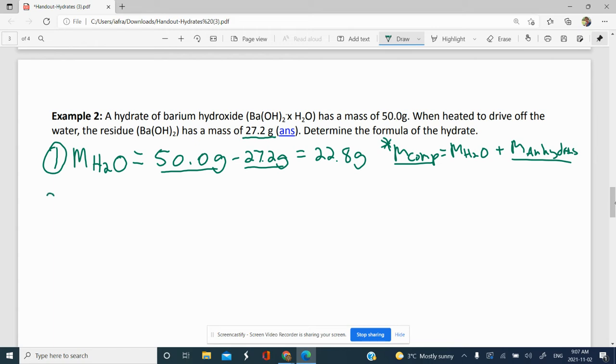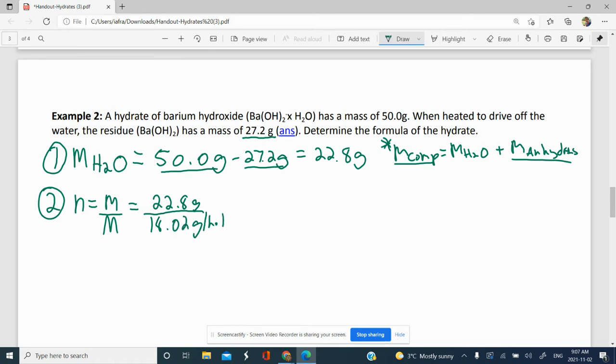Now, we need to convert those grams into moles. So remember that the moles is equal to the mass over the molar mass. So that's going to be 22.8 grams divided by the molar mass of water. The molar mass of water is 18.02 grams per mole.